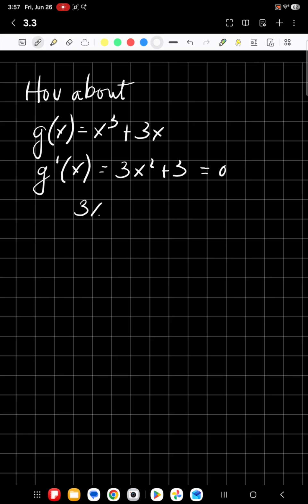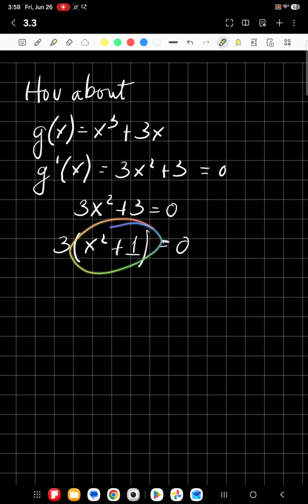So 3x squared plus 3 equals 0. Factor 3 out, or divide by 3: x squared plus 1 equals 0. You see that now we can't solve this. I get x squared equals negative 1, so the solution is not a real number.